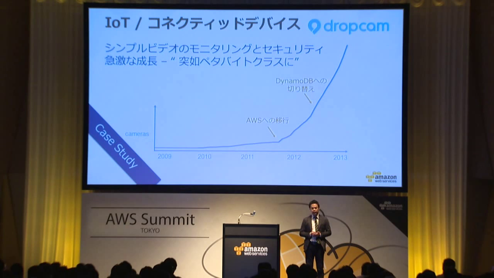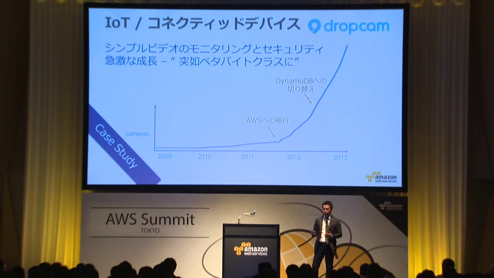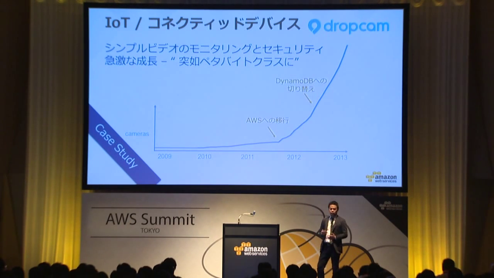So after migrating to AWS, their data volume exploded to the scale of a petabyte. And of course, they store the data in S3, and in terms of the metadata tagging, they use DynamoDB.